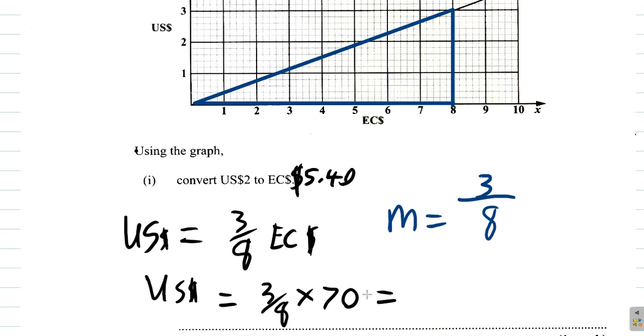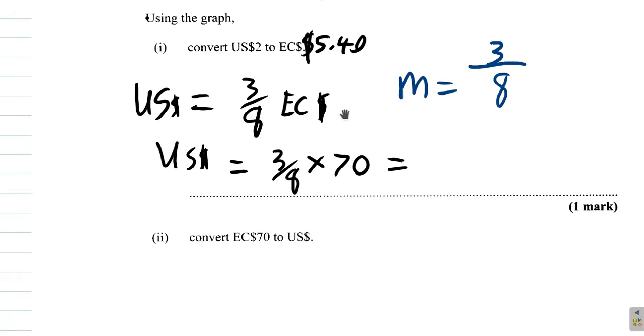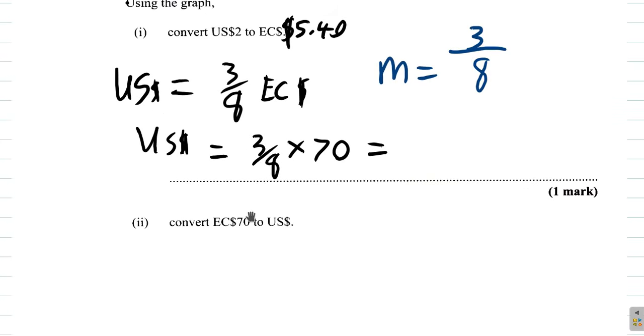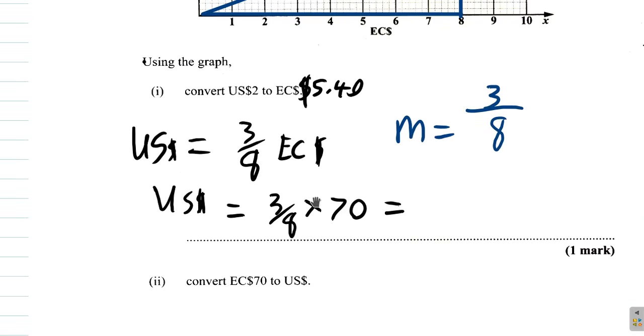We are asking how many US dollars is equivalent to 70 EC dollars. So we do the calculation now. This will be the same as 3 times 70, which is 210, over 8.